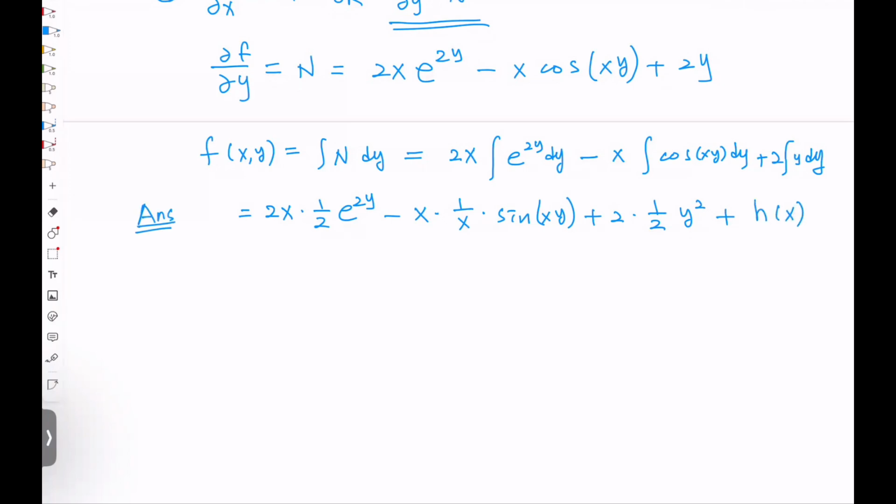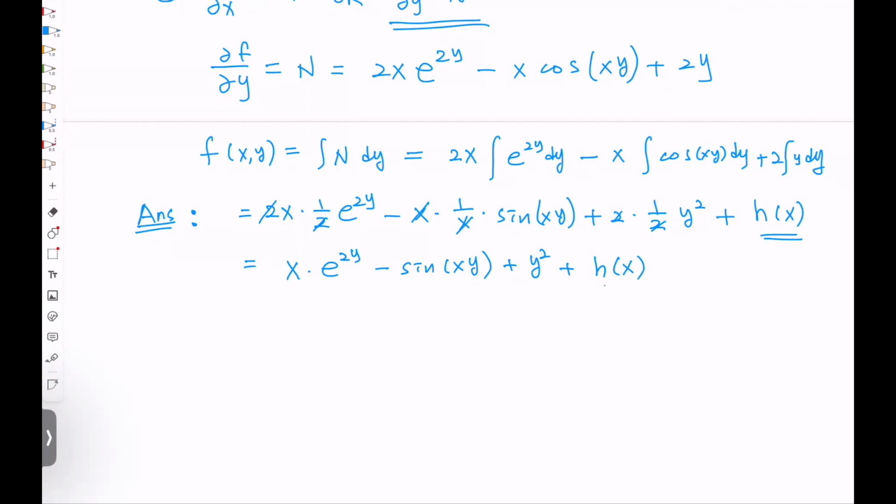We're going to let this be our answer. Now we need to find h of x. Let's simplify a little bit: 2 and 2, x and x, 2 and 2. So we have x times e to the 2y minus sine xy plus y squared plus h of x.